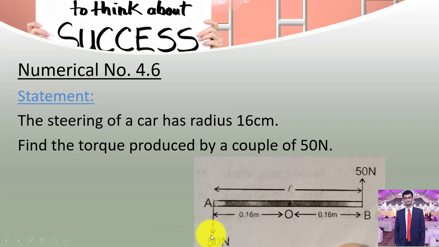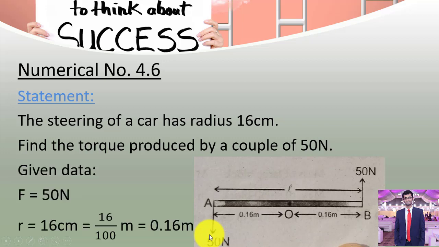Given data is the couple force, that is F is equal to 50 Newton, and radius of the steering is 16 centimeter, as you can see in the diagram.